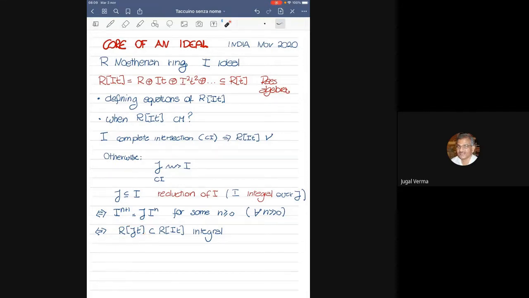Reductions were first introduced by Northcott and Rees about 70 years ago, and they have been widely studied in multiplicity theory, in equisingularity theory, and for example in the study of Rees rings, to just name a few.